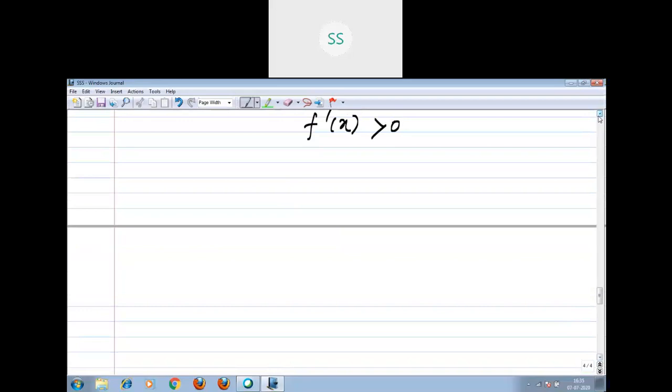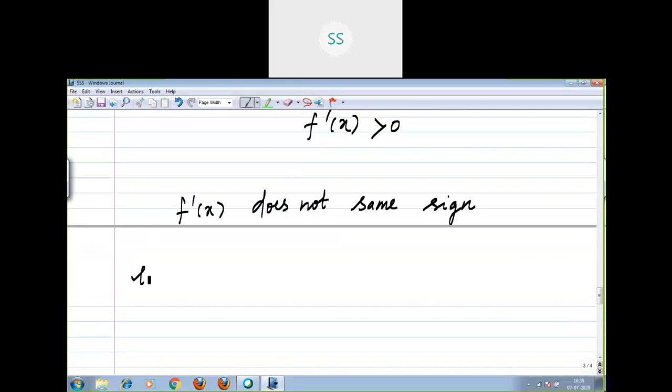So the final conclusion is the derivative, that is f dash of x, does not have the same sign, positive or negative, throughout the interval.